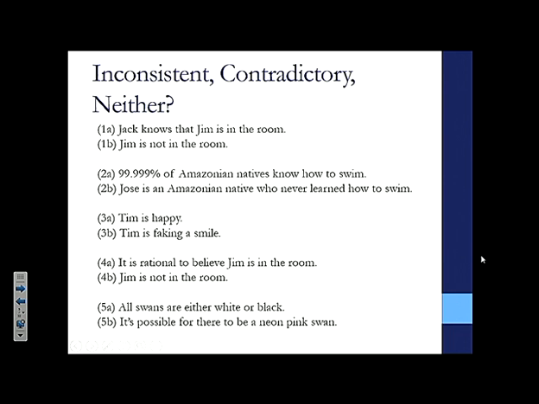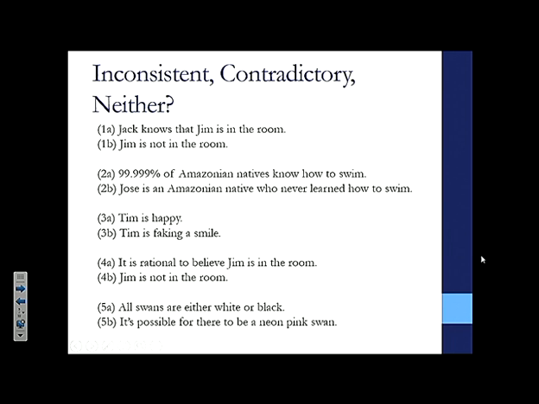Yeah. So remember that the claim of inconsistency is this. It's any pair of claims which, if true, would yield a contradiction. You can have inconsistent statements where neither are true.